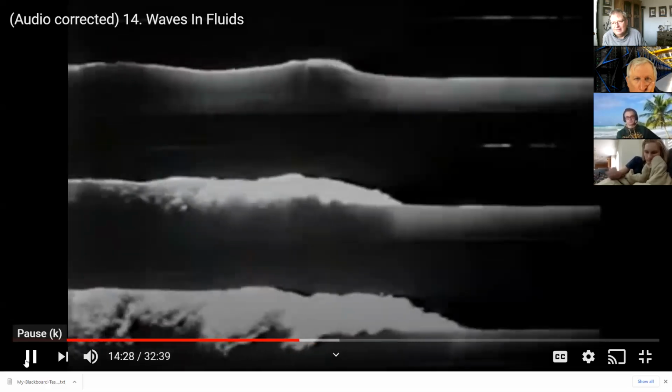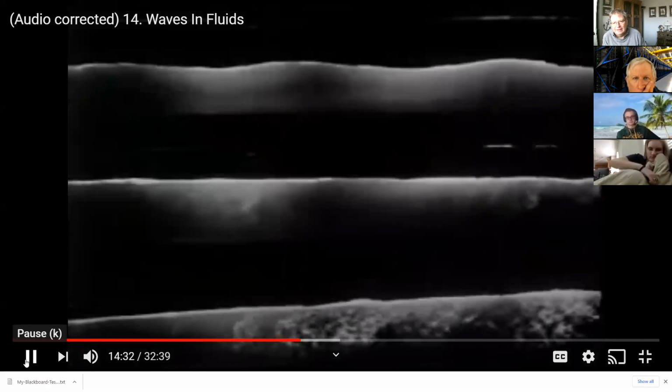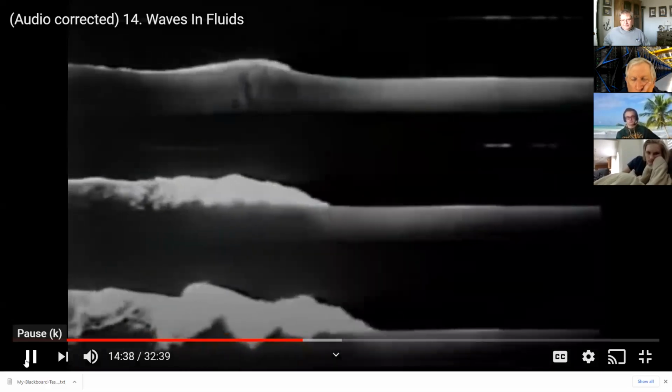We are going to send positive surge waves down these channels with depths behind the waves of 6 inches, 8 inches, and 10 inches. The larger the depth behind the wave, the faster the wave travels.